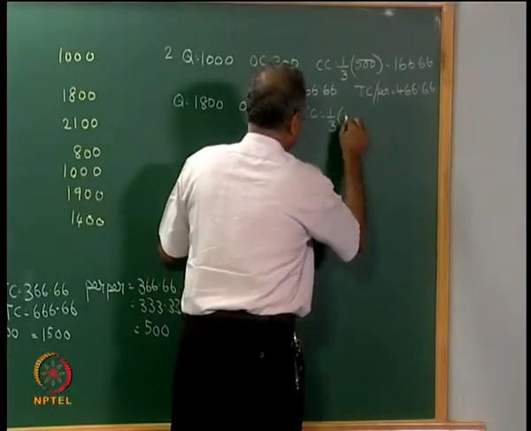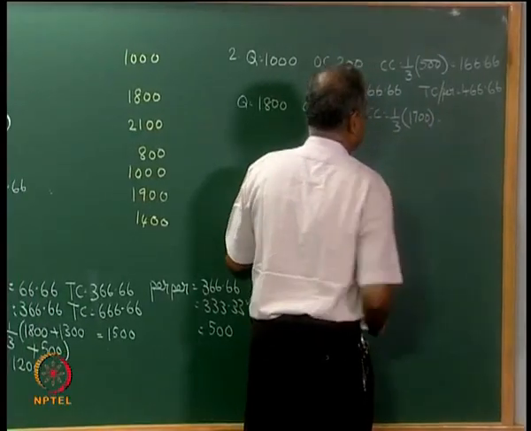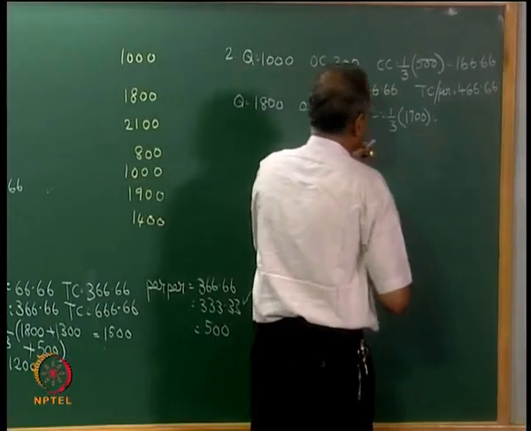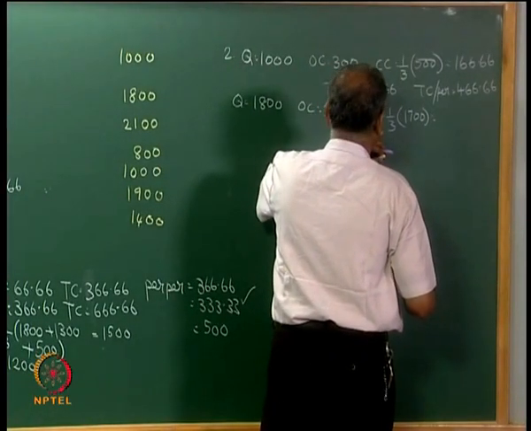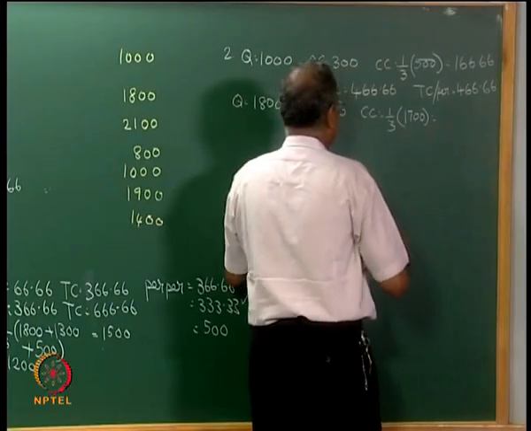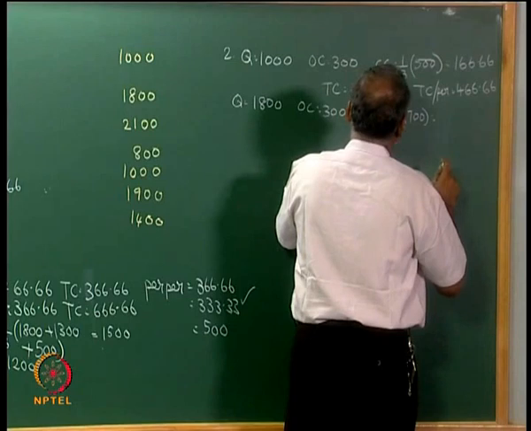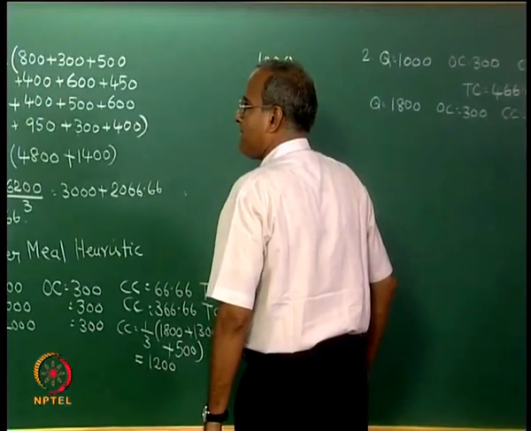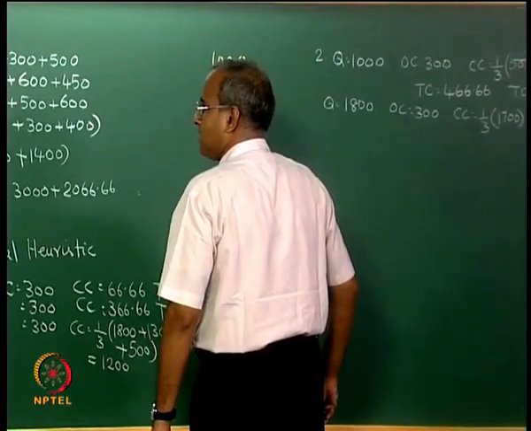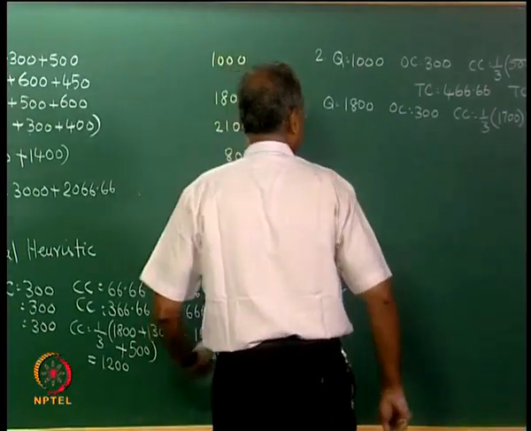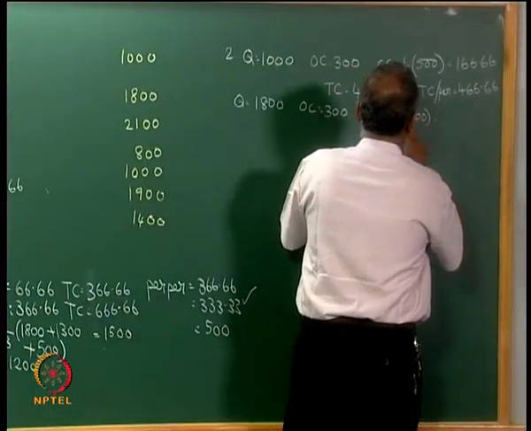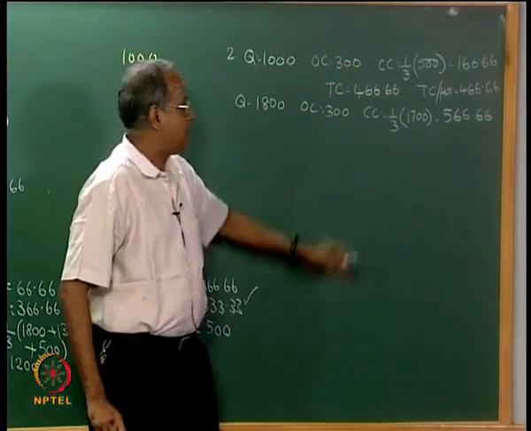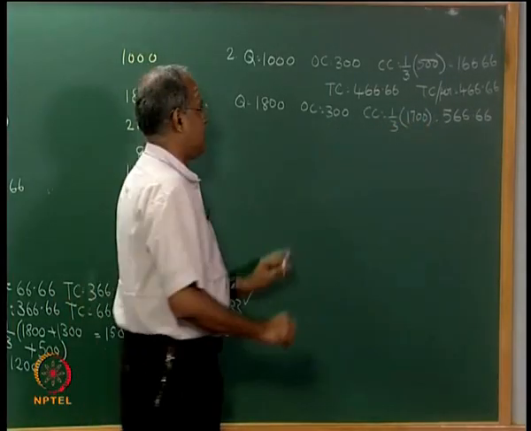So 1 by 3 into 1700 which is 5100 divided by 3. 1700 by 3 is 566.66.